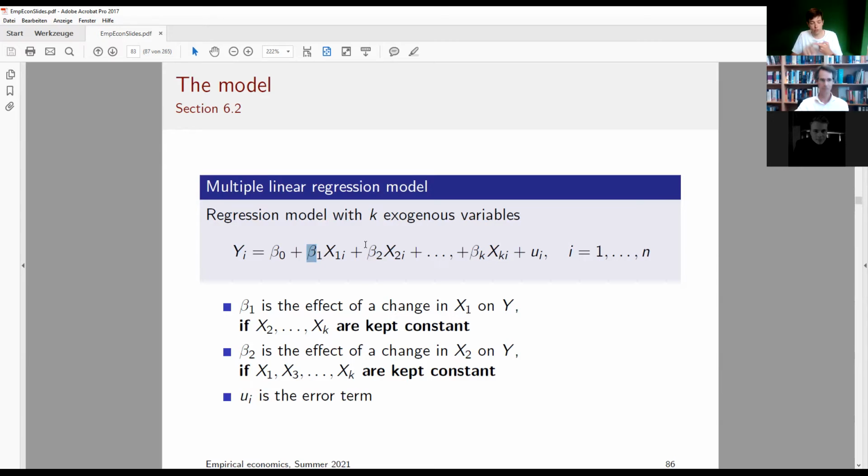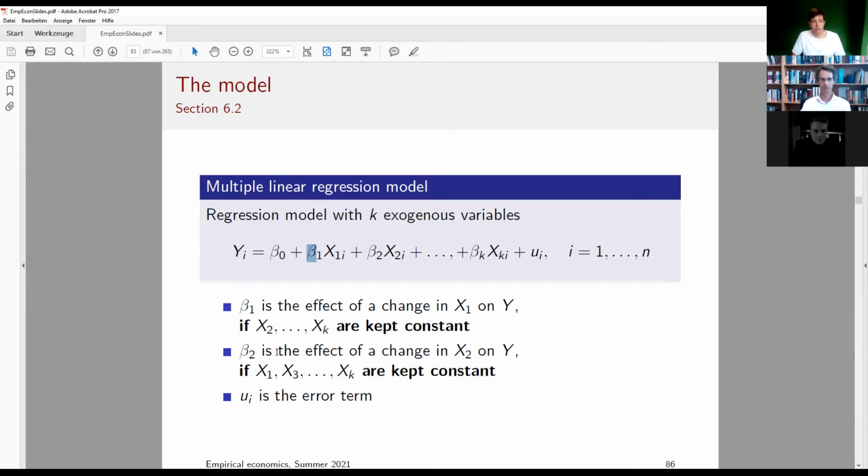So if we keep the English learners percentage or the family income constant, then beta 1 measures the effect of a change in student-teacher ratio, for example increasing class size by 1 pupil, on learning outcome. X2, on the other hand, is the effect of changing the English learners percentage by 1 percentage point on learning outcome. Now, student-teacher ratio obviously might have a causal effect.